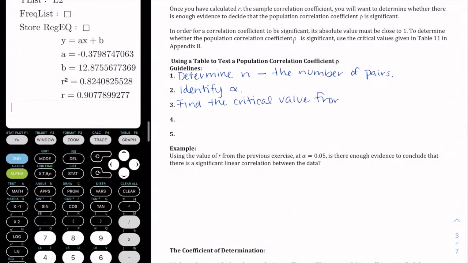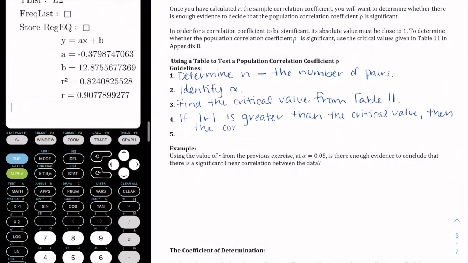From Table 11, you're going to be able to determine: if the absolute value of R is greater than the critical value, then the correlation coefficient is significant.